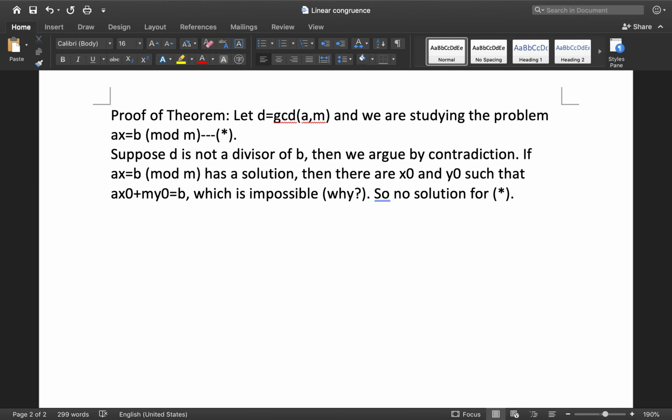Now, on the other hand, suppose D is a divisor of B. Then what can we get?